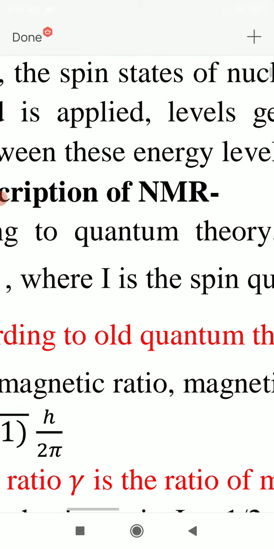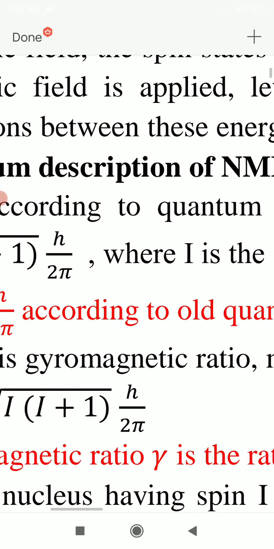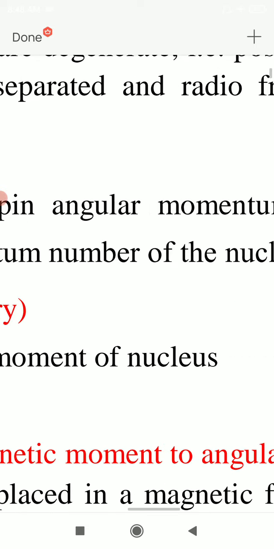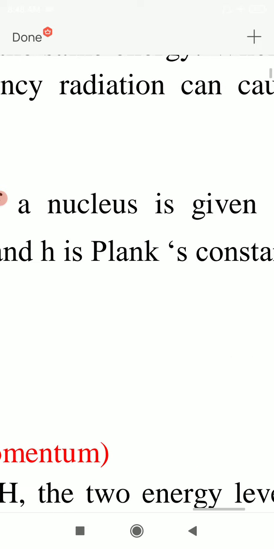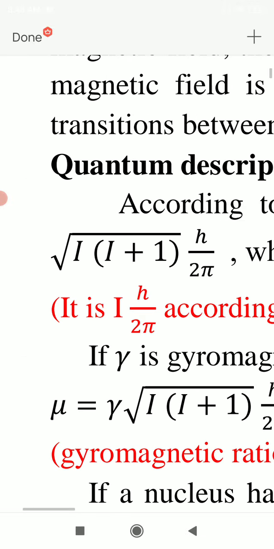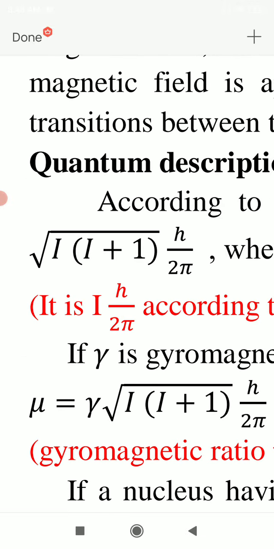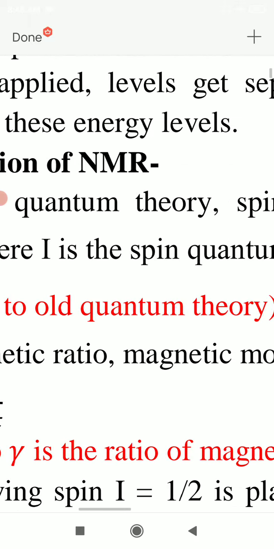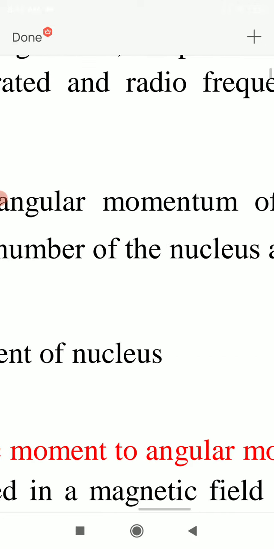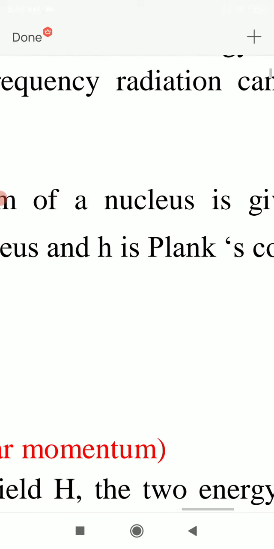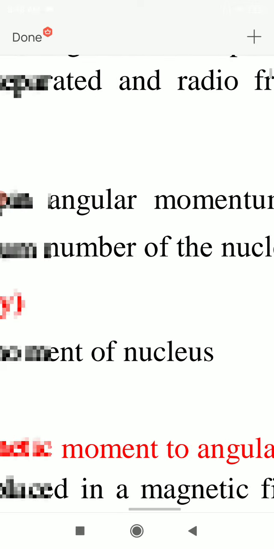Quantum description of NMR. According to quantum theory, spin angular momentum of a nucleus is given by under root I plus 1 into h upon 2 pi. H upon 2 pi can be written as h cross, where I is the spin quantum number of the nucleus and h is Planck's constant.